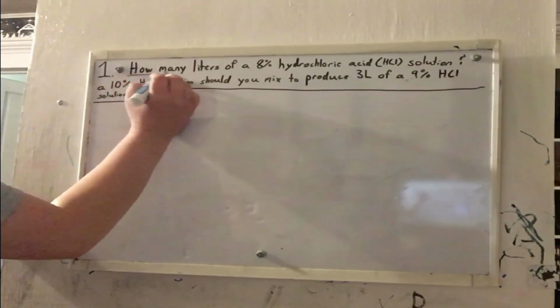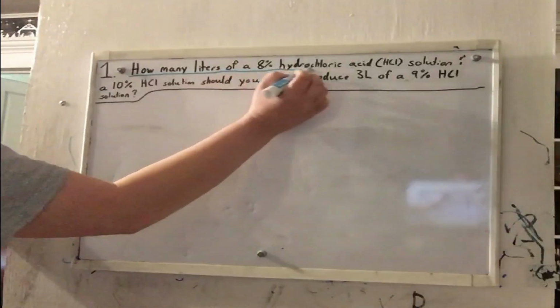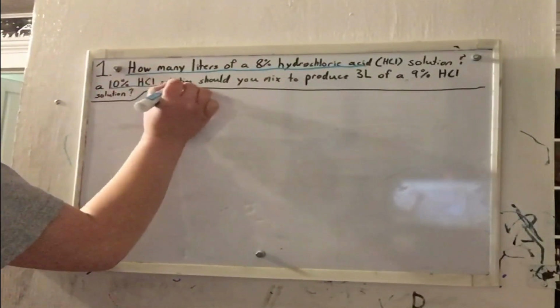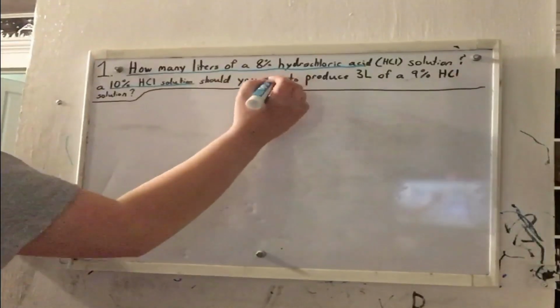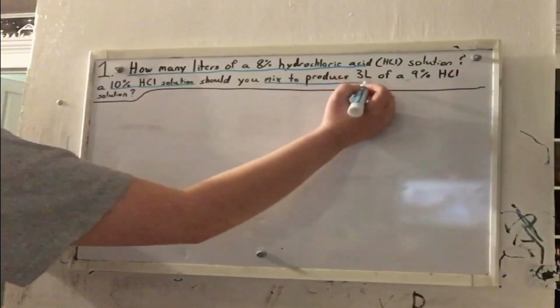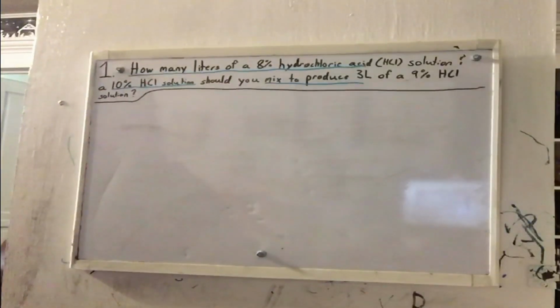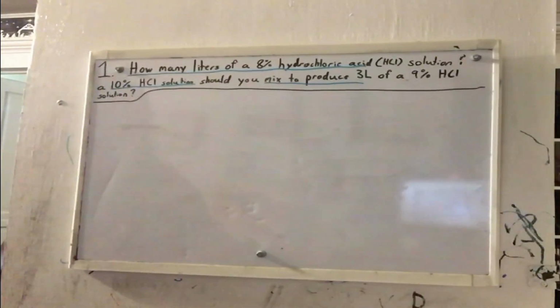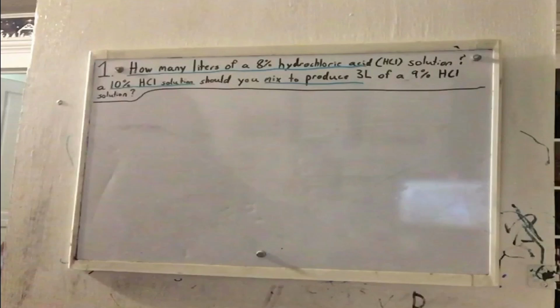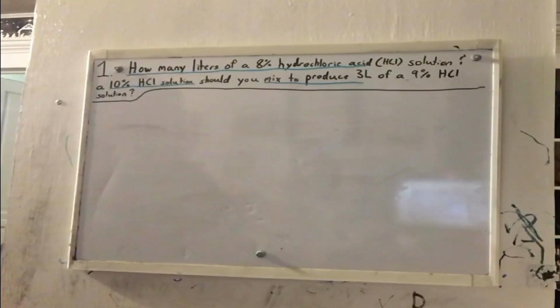Our question is, how many liters of an 8% hydrochloric solution and a 10% hydrochloric solution should we mix to produce 3 liters of a 9%? Now we're going to underline our rates. In this example, it is percentages, but it can be anything like percentages, weights, prices, and stuff like that.